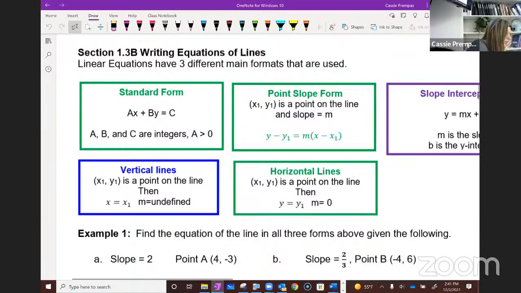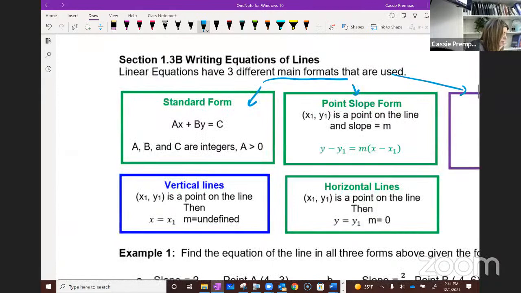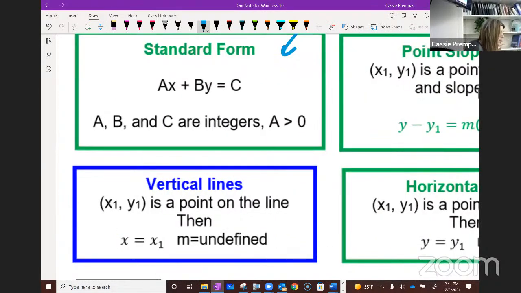Linear equations have three different main formats: standard form, point slope form, and slope intercept. Standard form, hopefully you've seen it before. It looks like ax plus by equals c. An example of an equation in standard form would be like 2x minus 3y equals 6.